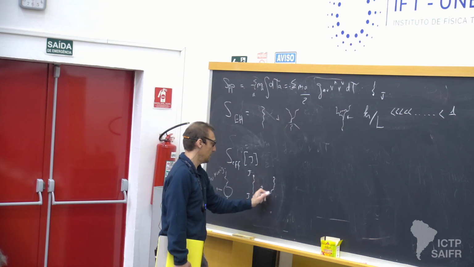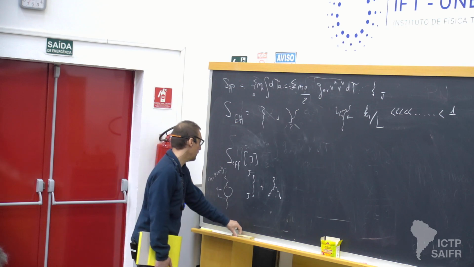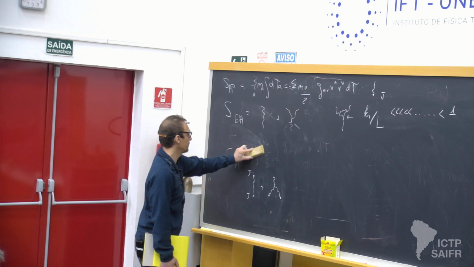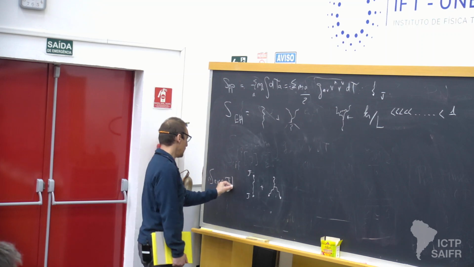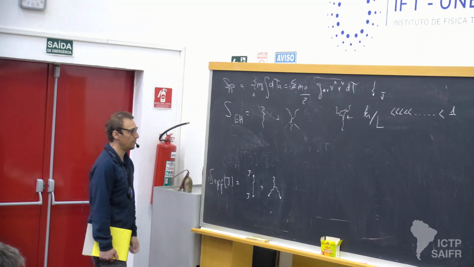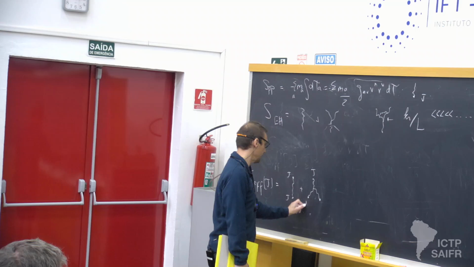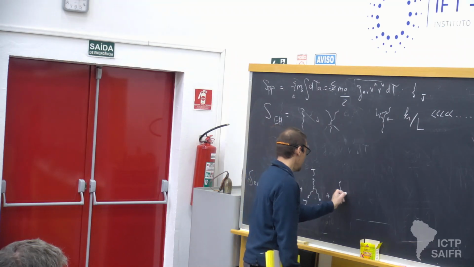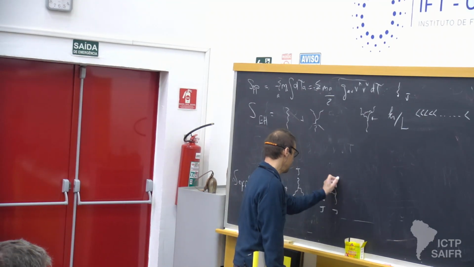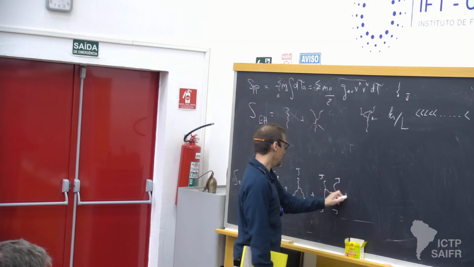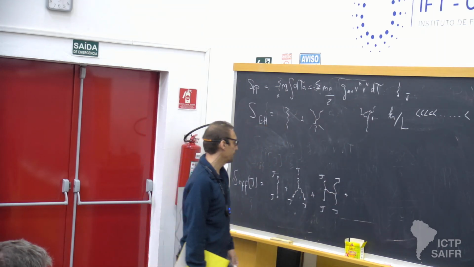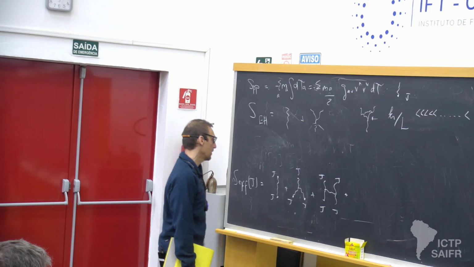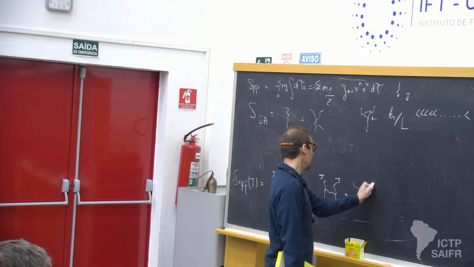Then I need this guy. This is for my effective action. So my effective action is a function of J. It's this guy plus this guy plus this guy, or in principle, I also have this guy.